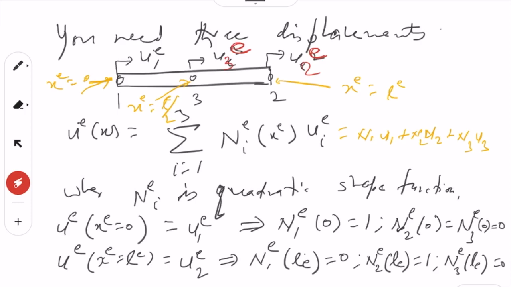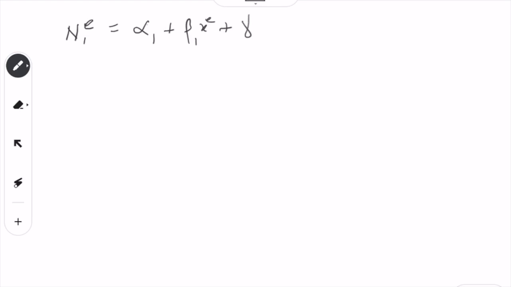Basically, we can assume, for example, n1 e is equal to say alpha 1 plus beta 1 x e plus gamma 1 x e square.